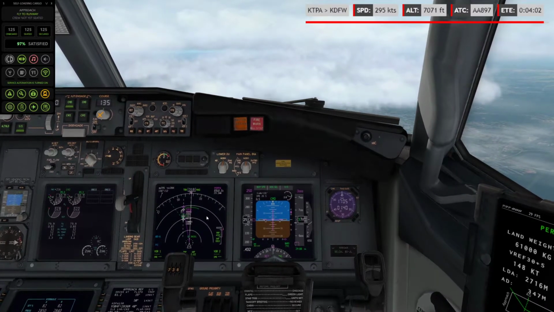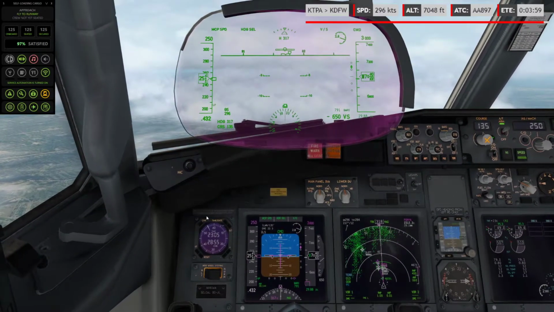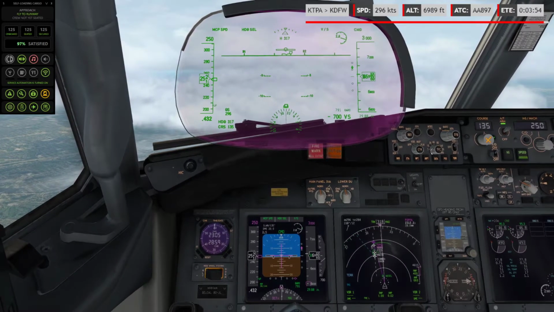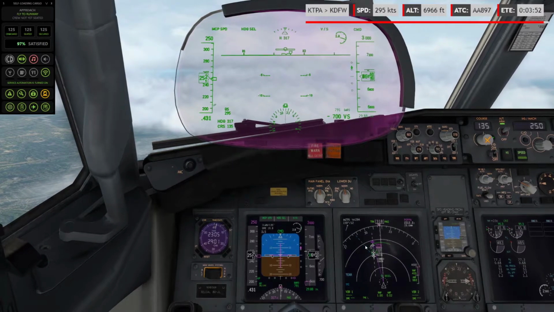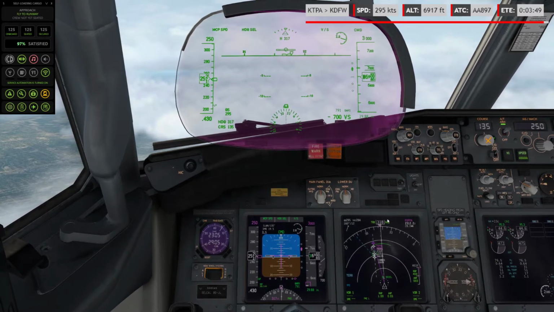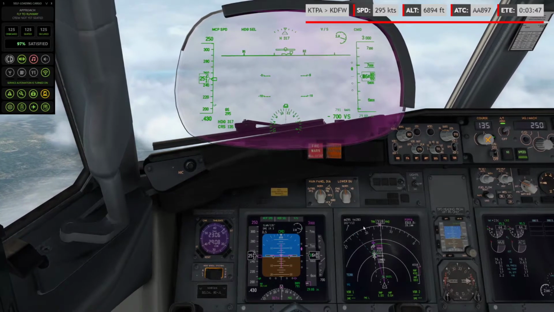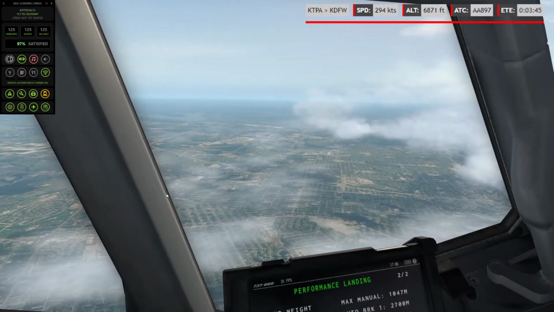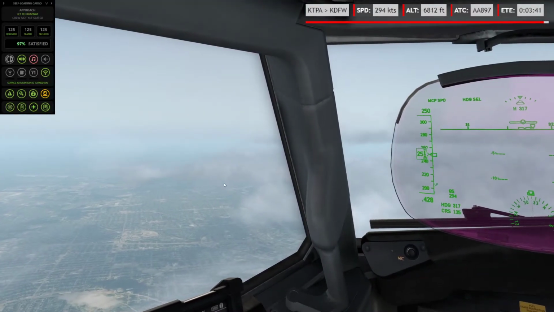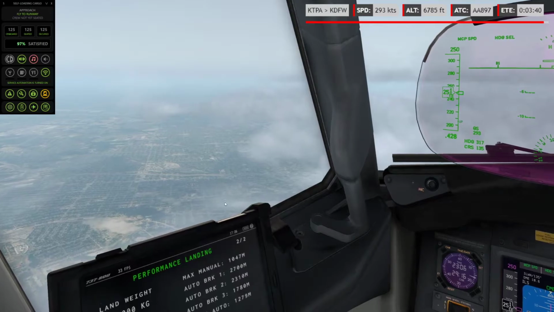Alright, we are parallel with runway 13, so we'll just continue downwind and then make a left turn, join Popa, and we are done for the flight. Looking a bit hazy over here.